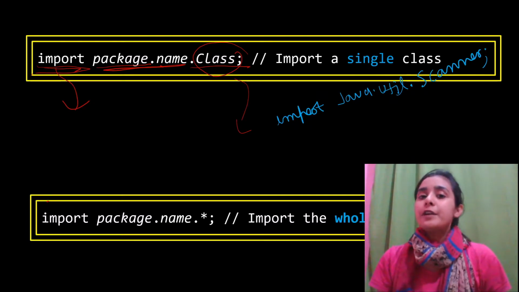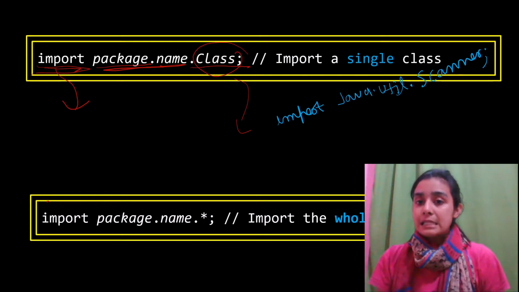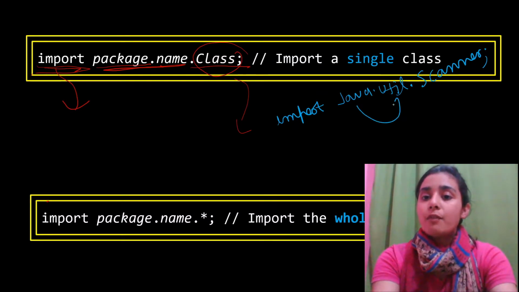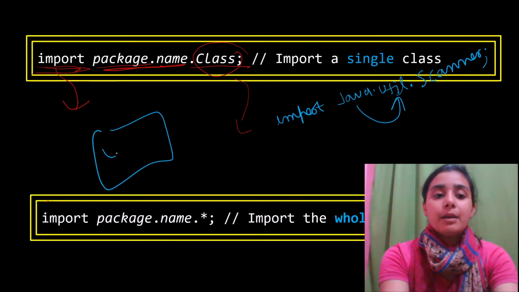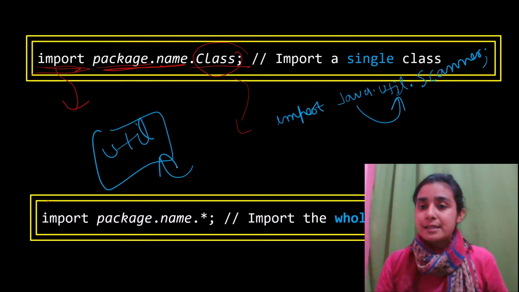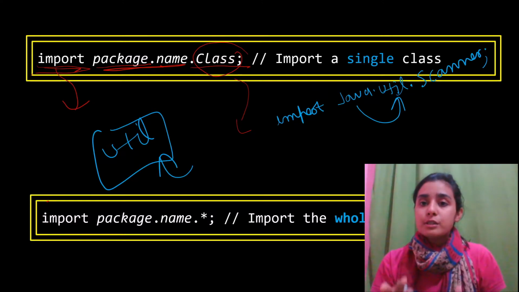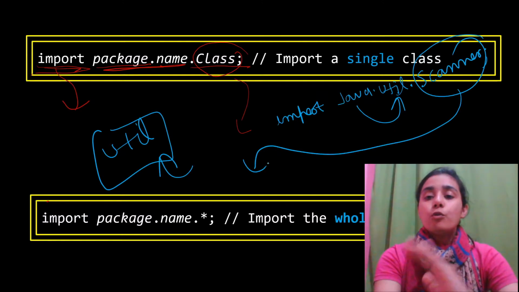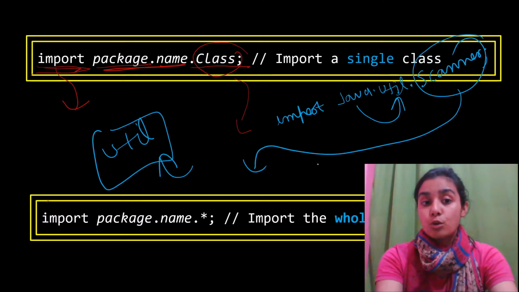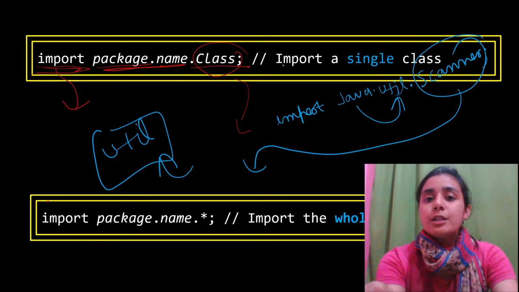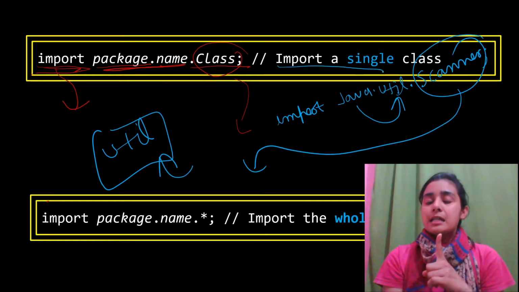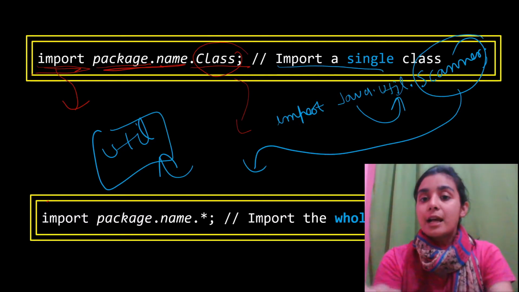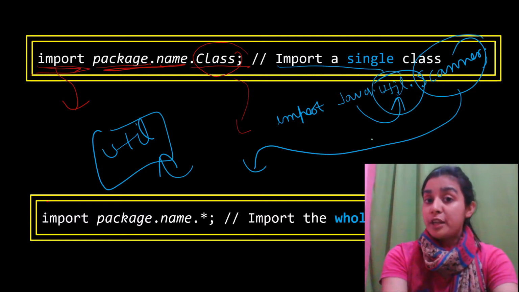It means that in Java there is a package whose name is util. In this package there are many classes, but among all of them you can use only the Scanner class. Other than that, you can't use any other class in the program. That means you are importing a single class from the util package.